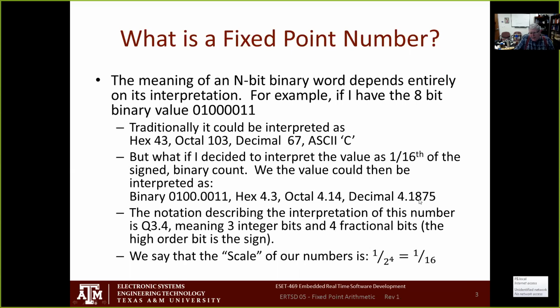And the way that I get to that value is that everything over here, if this were a decimal number, so if this were actually 100.0011, the way that we'd interpret that is that we take everything over here on the right side of the decimal point and we divide it by what? We divide it by 10,000.